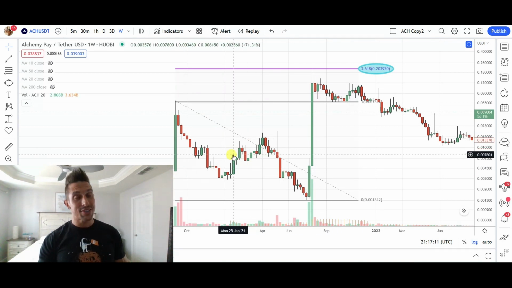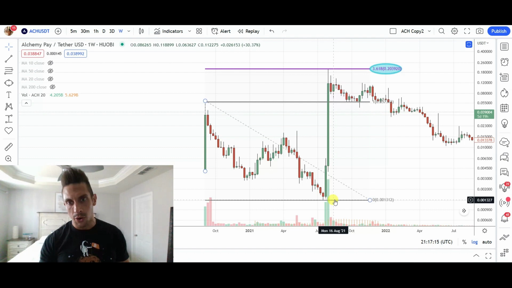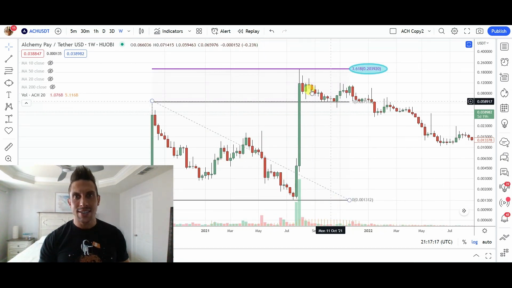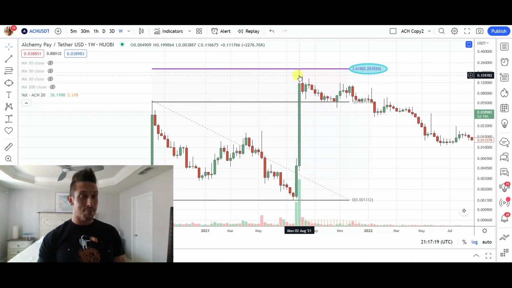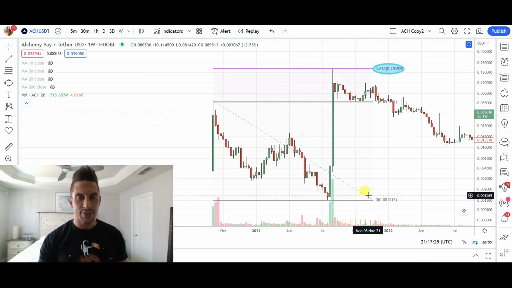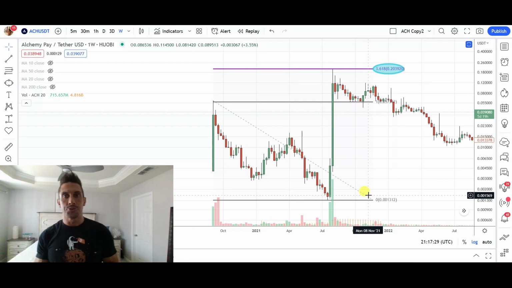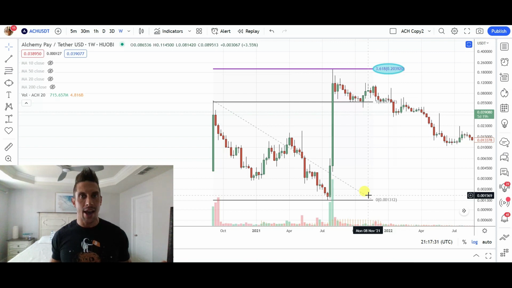The second way that I looked at Alchemy Finance was, if we do a trend-based fib extension from the bottom to the top, and we retraced all the way to the bottom here, you can see that we basically perfectly hit a 3.618 fib extension. This isn't typically how you would draw a trend-based fib extension, but again, I am trying to find creative ways to take an educated guess, an educated view on where we could potentially hit.